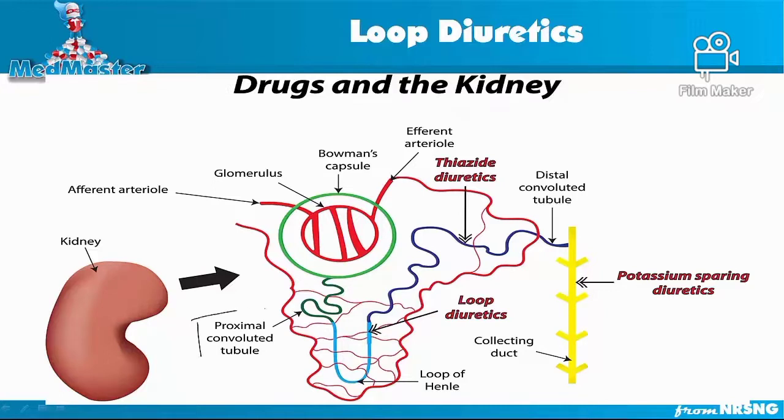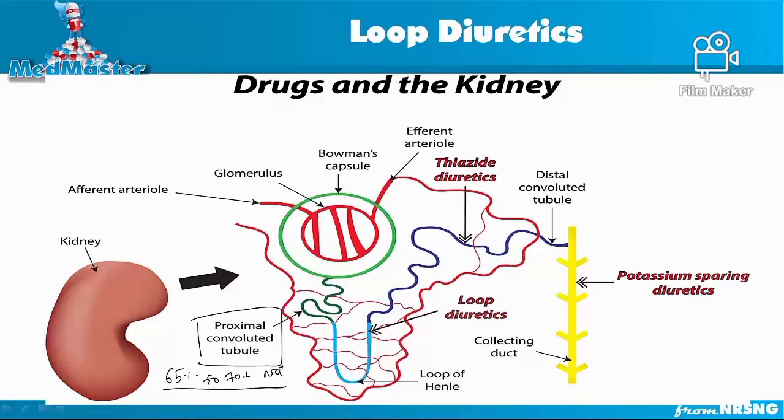So first of all, the proximal convoluted tubules, where about 65 to 70% of sodium gets reabsorbed. There is no diuretic that works here.